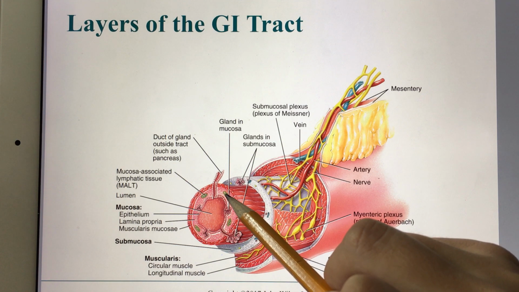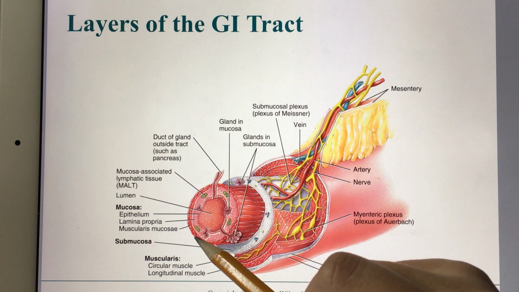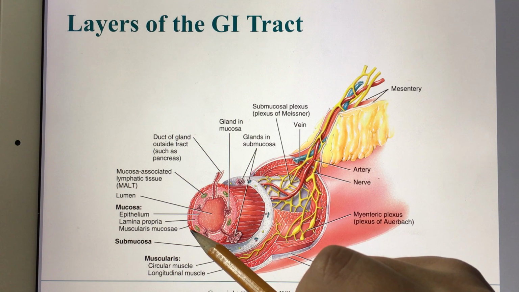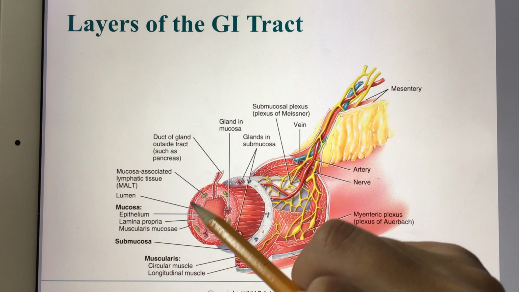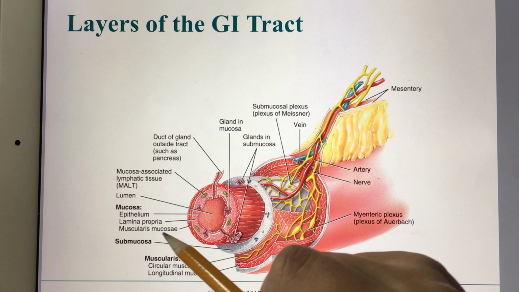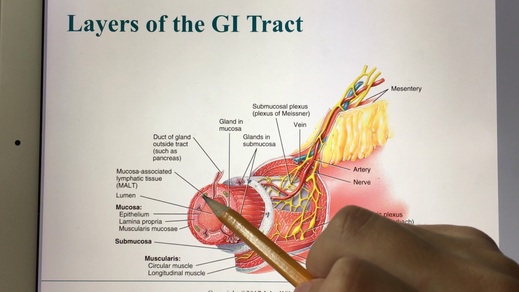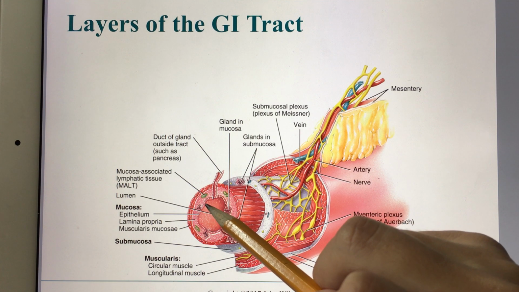This connective tissue layer is called lamina propria. And then finally, the last layer of mucosa is made out of smooth muscle, and this smooth muscle is referred to as muscularis mucosa.